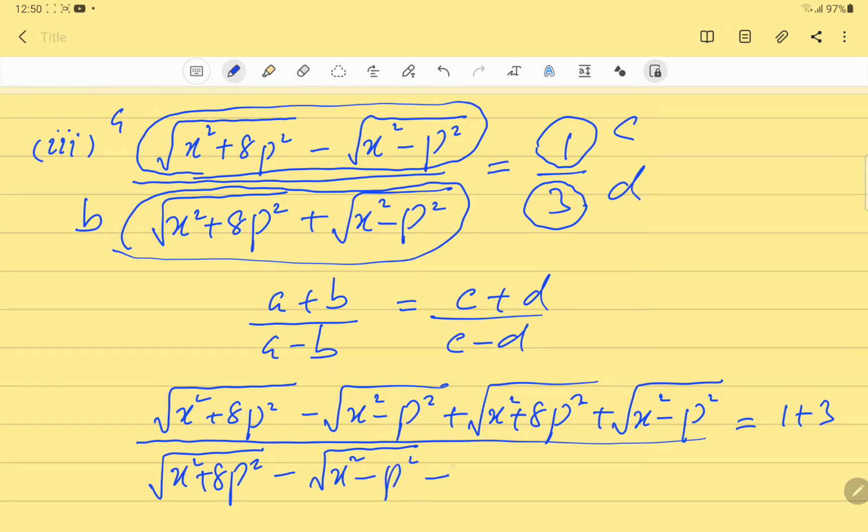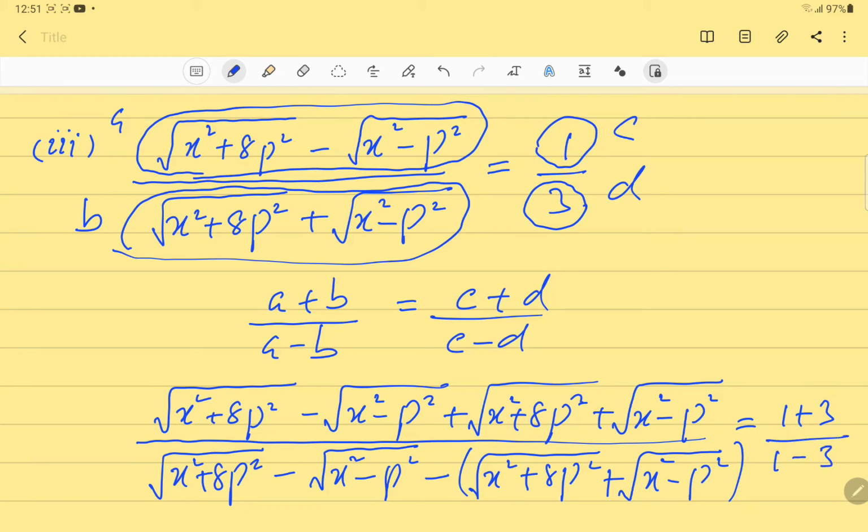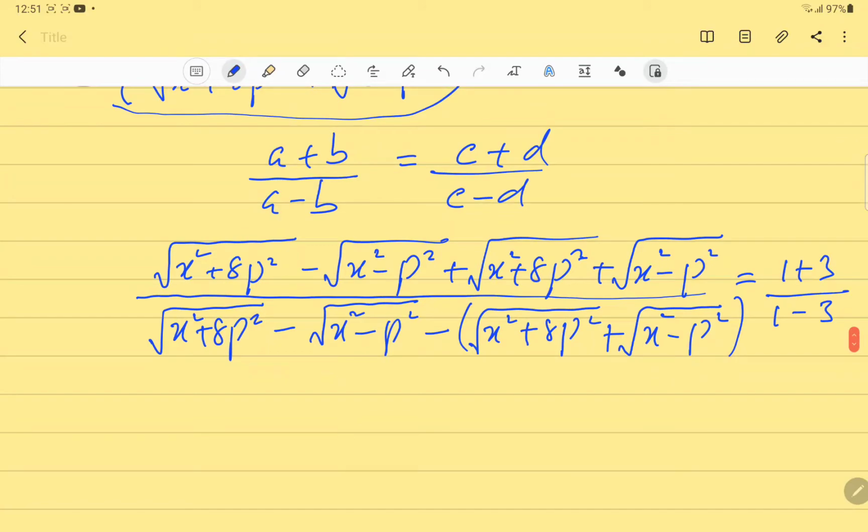Now here we are going to write minus square root of x squared plus 8p squared plus square root of x squared minus p squared. And here we will be writing down 1 minus 3. Okay, let's solve it.